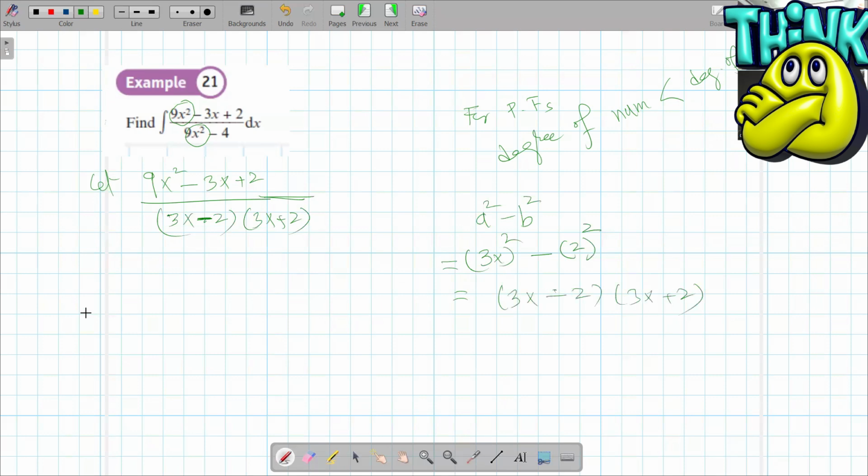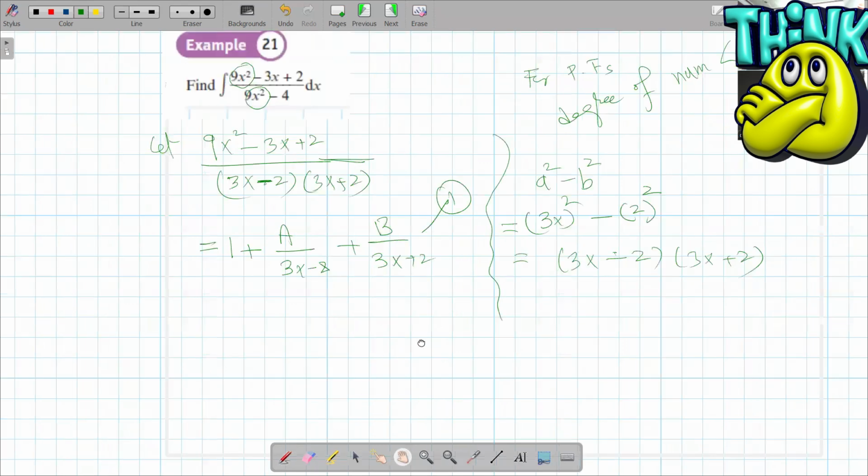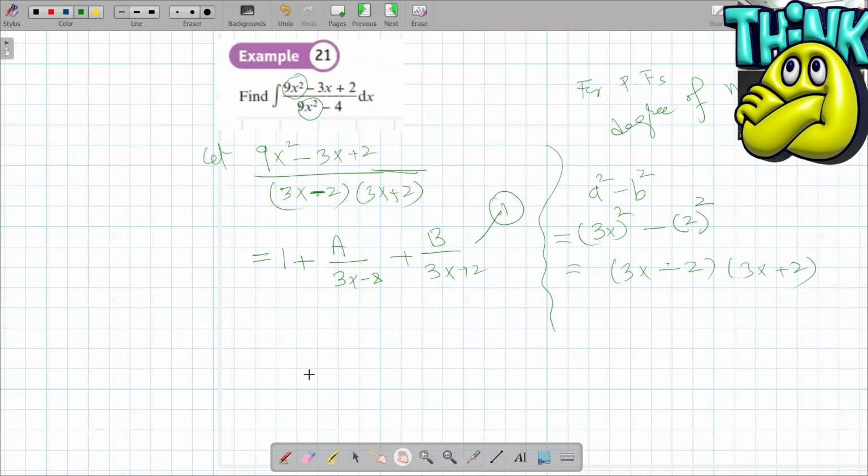These are the factors. Now we will suppose that this is equal to 1 plus A upon the first factor plus B upon the second factor. Let's say this is equation 1. Why the 1? Because the degree of numerator and denominator are both the same.